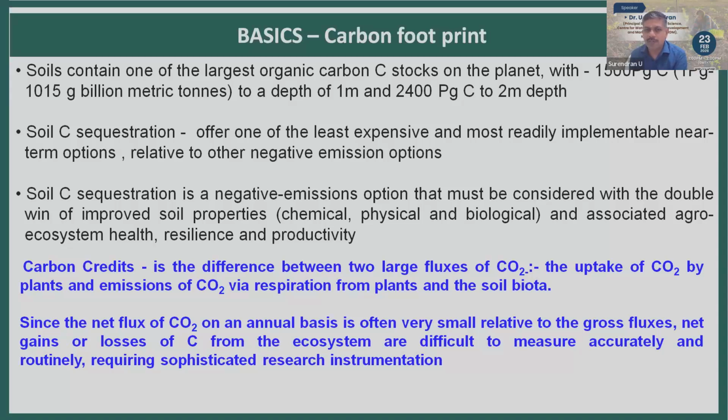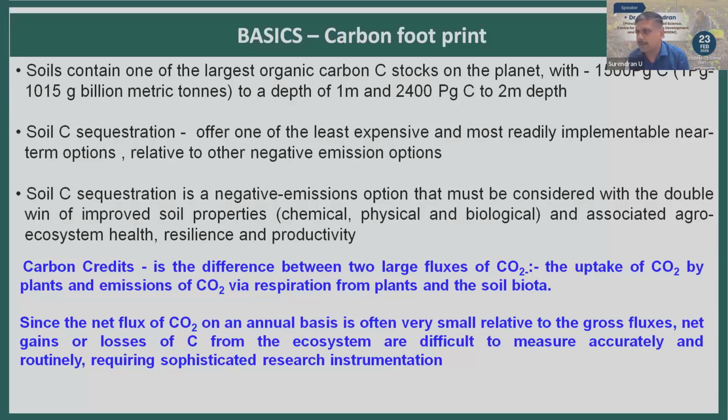It is a win-win situation, because it will improve your soil properties, whether chemical, physical, or biological, as well as your overall system or ecosystem productivity. So in that sense we are dealing with these things.